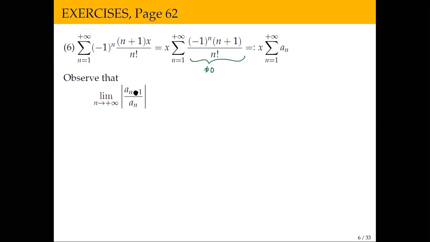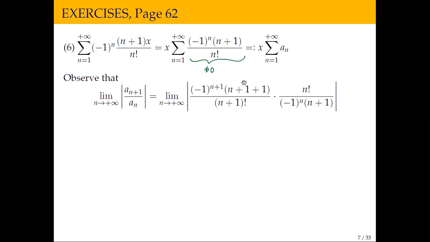Replacing values for a sub n plus 1 and a sub n, we'll get the following. So this is your a sub n plus 1. This is your reciprocal of a sub n. The absolute value of negative 1 raised to n plus 1 is just 1, as well as negative 1 raised to n. N plus 1 factorial is just n plus 1 times n factorial.